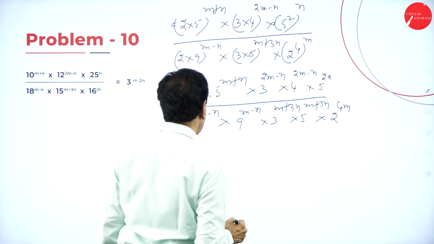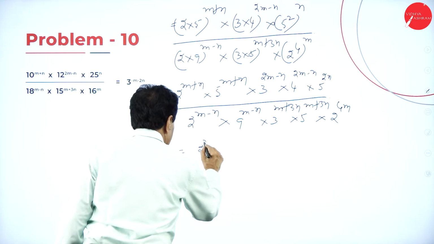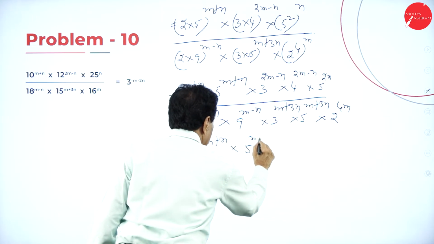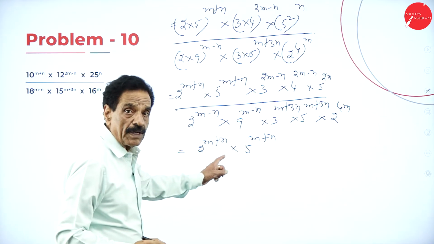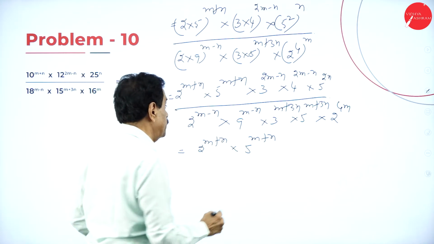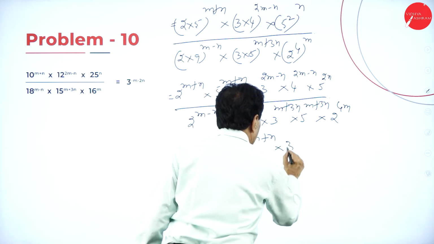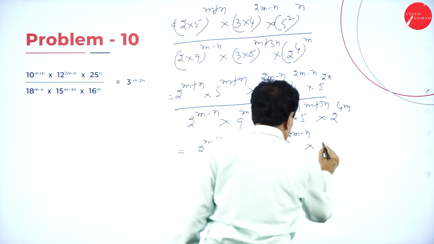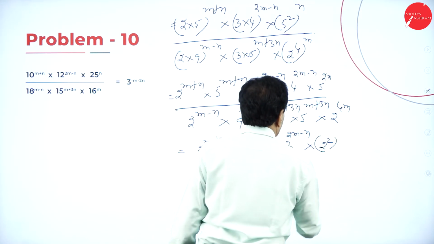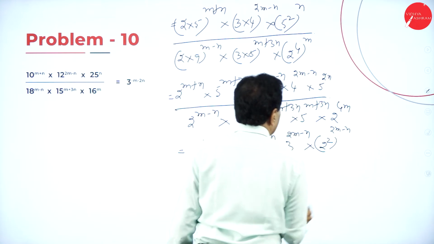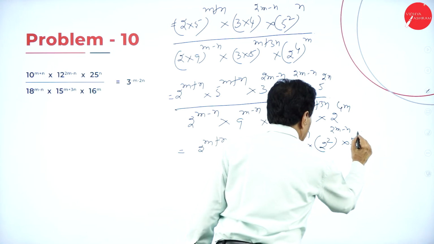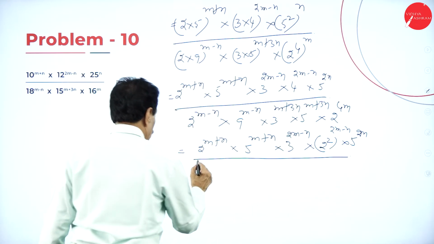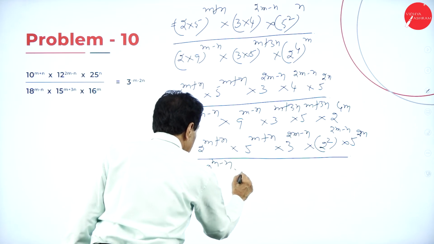This can be simplified. 5 to the power of m, 2 to the power of m plus n, 5 to the power of m plus n into 3 to the power of 2m minus n. This is 2 square to the power of 2m minus n, 5 to the power of 2n. This is 2 to the power of m minus n.